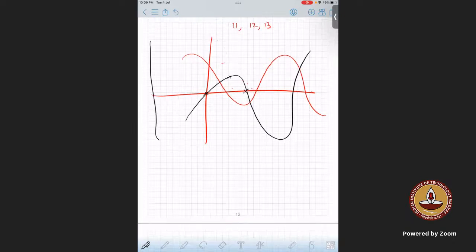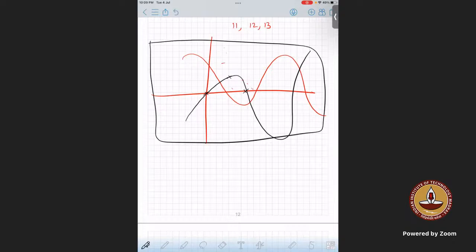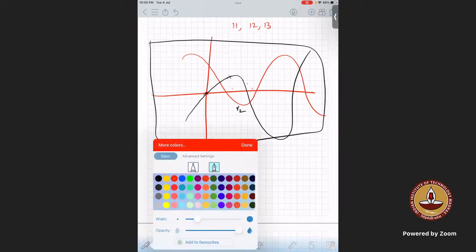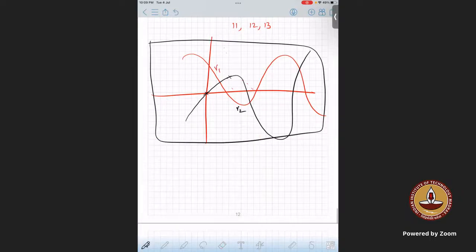If this is R1 and this is R2, they both intersect in such a way that they are connecting three cities. What are the possible cities? City 1, this is city 2, and this is city 3. Agree? Yeah, intersection points can be decimal. Leave about that. But in our case, it is not decimal.